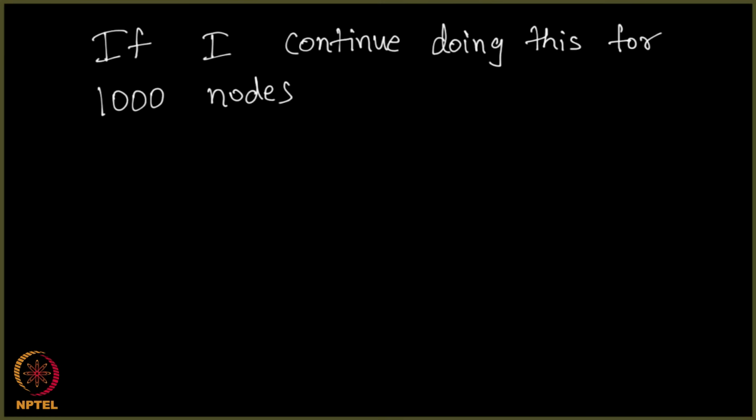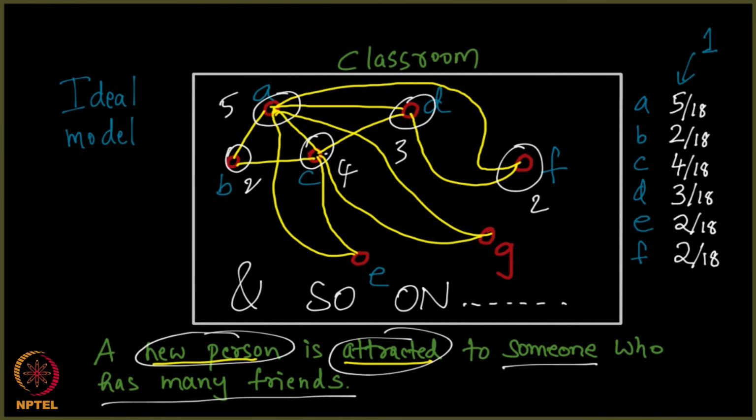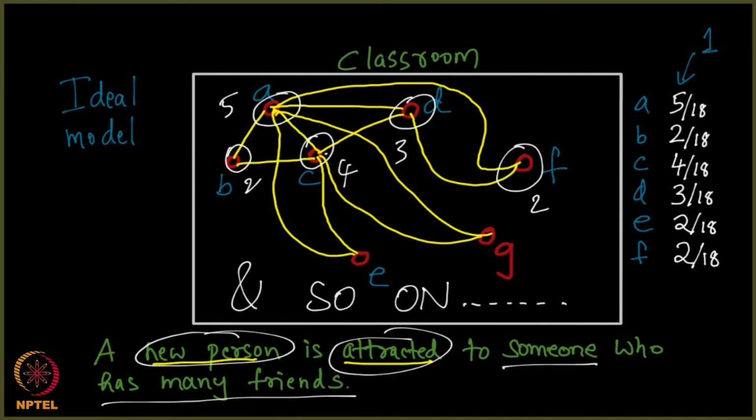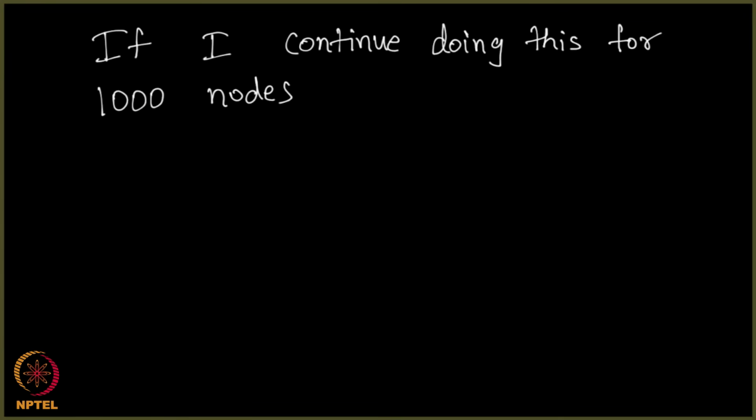We started with this first 3 nodes and we went on adding more and more and more nodes, correct? Right? As I keep doing this, if I continue doing this for 1000 nodes, how does the graph look like? How does the resultant network look like?